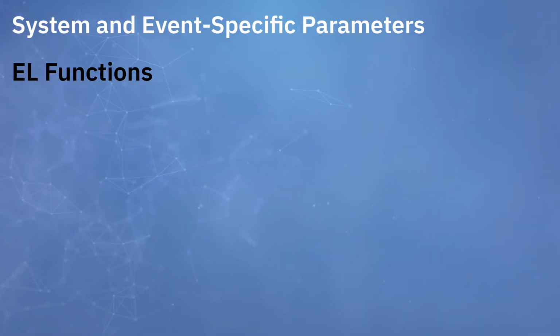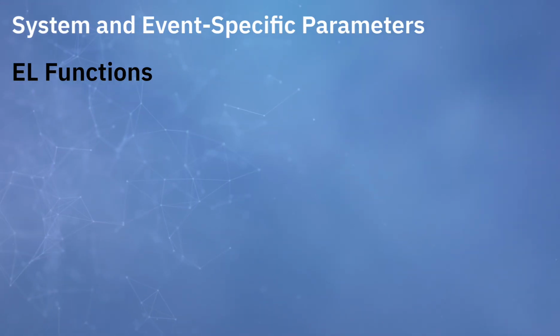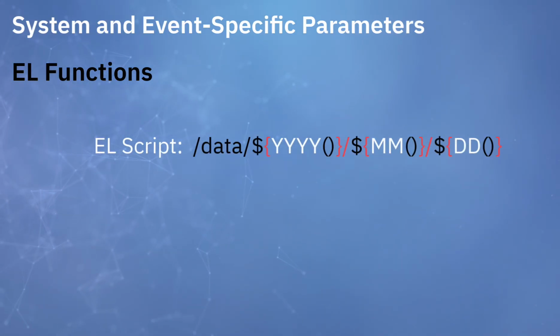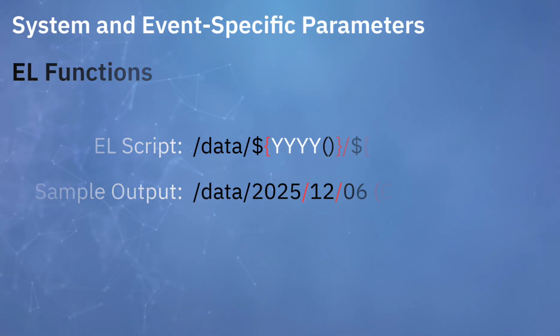You can also combine parameters with StreamSets expression language, or EL, to make your pipeline even more dynamic. For instance, consider the on-screen file path. Here, the path automatically updates based on the current date, no manual edits required.